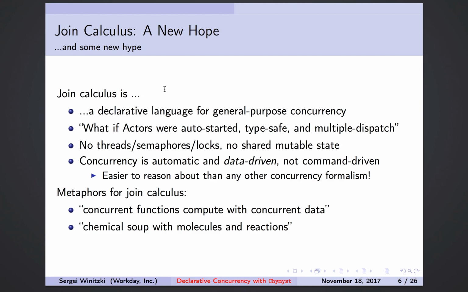The chemical machine does not use threads, semaphores, locks, or shared mutable state. You can think about it as an improvement upon the actor model, where the main difference is that actors are automatically started.